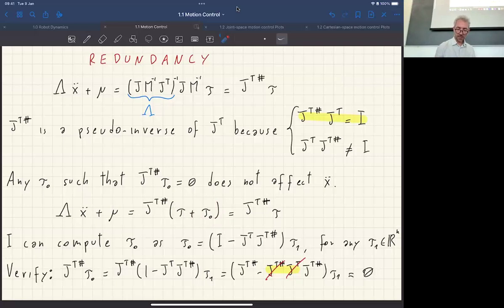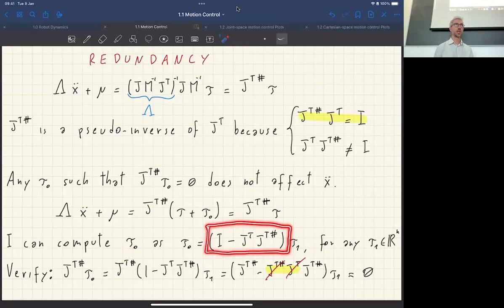So one way I can do that is to compute tau 0 in the following way, by pre-multiplying any vector tau 1 times this matrix, which is the identity minus J transpose times J transpose pseudo inverse. This matrix here, maybe some of you recognize it, is a null space projection matrix.